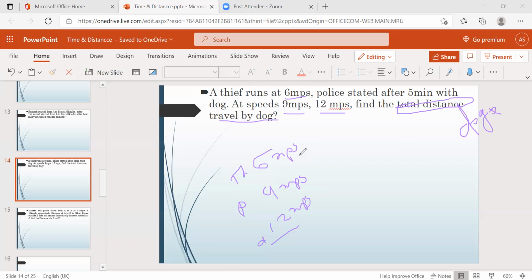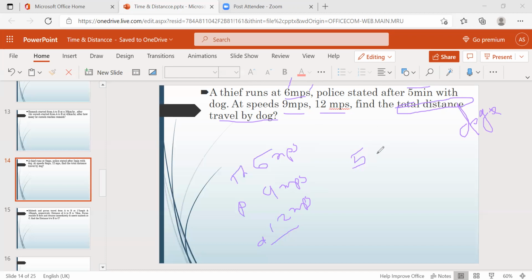First, when police reaches the thief: he started after 5 minutes. What I said, take the distance for the difference in time. Thief traveled for 5 minutes. That means in 1 second, 6 meters.